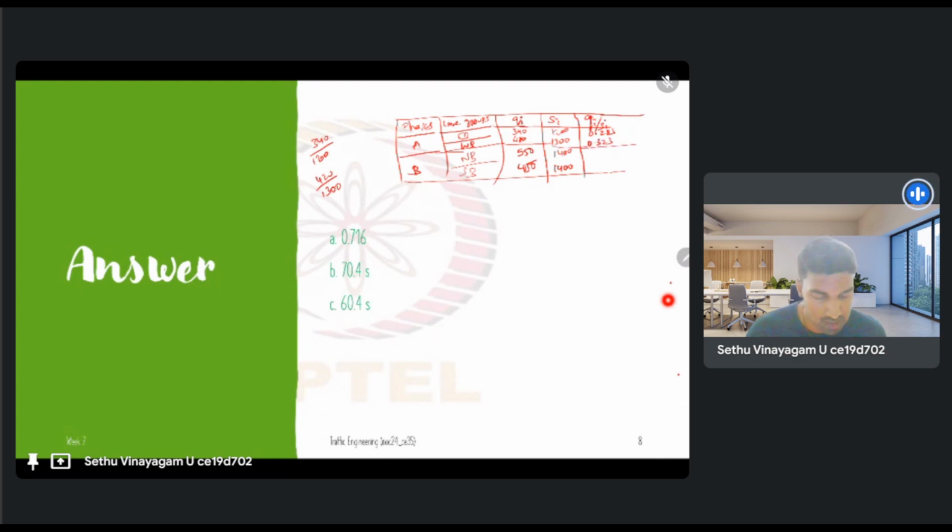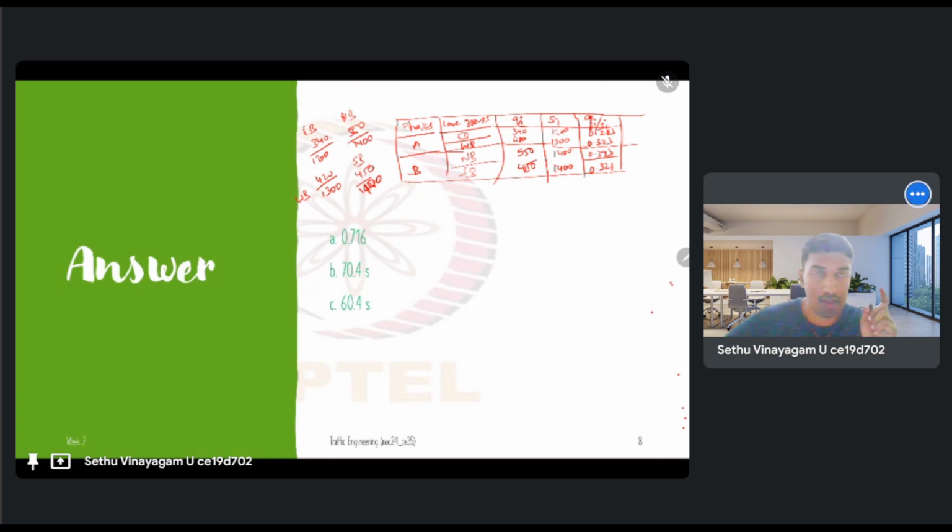This is for phase A. Next, for phase B, for northbound we have 550 by 1400, which is 0.393, and finally southbound, 450 by 1400, which is 0.321.